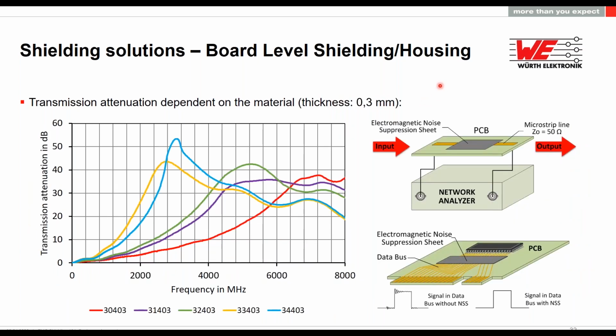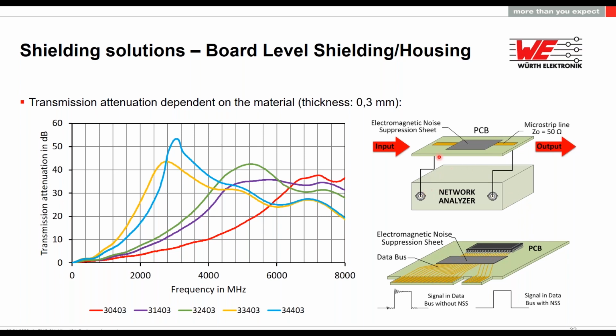Here we have some measurements representing another kind of problem. In order to solve, for example, radiation coming out of traces or noise going through traces, we can place these absorber sheets right on top of these traces. They have an adhesive layer, so we can just stick it.